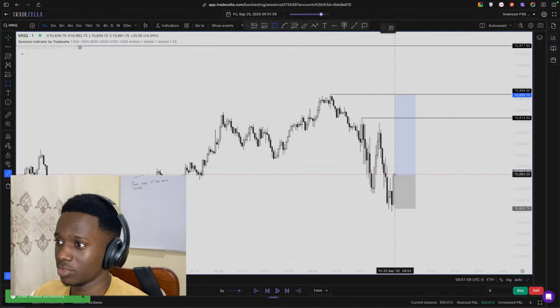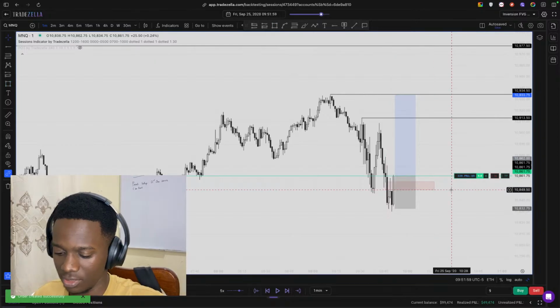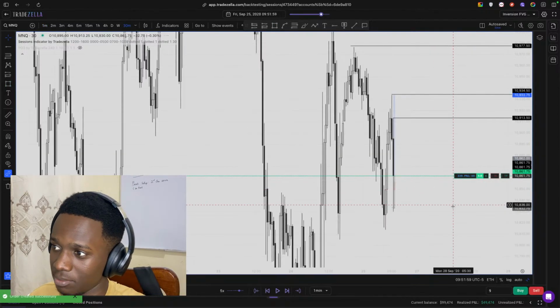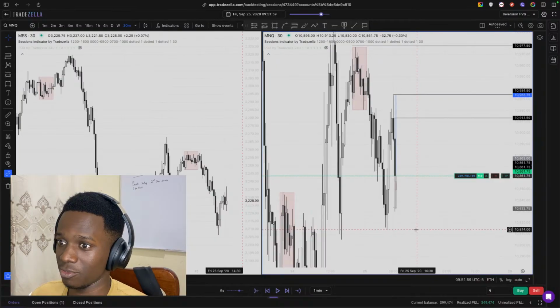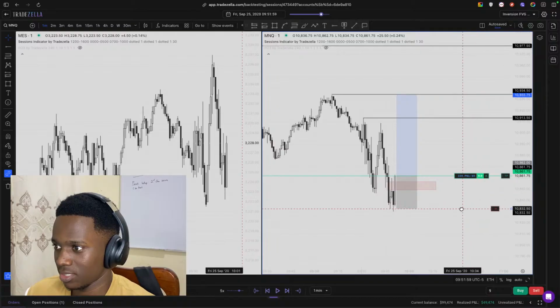And the reason I took this trade would be of this inversion and the 30-minute gap rejection, and that price is also moving bullish on ES, so kind of balances it out. Let's see.